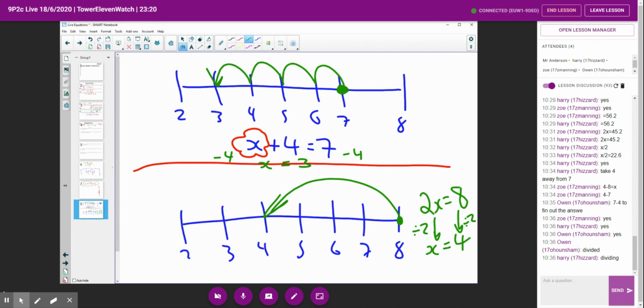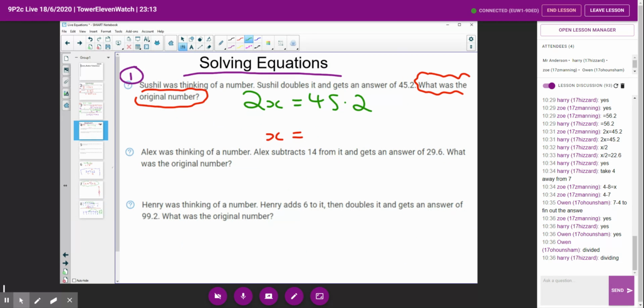So guys, you have been taught that method, okay, the inverse method, doing the opposite. So well done, we just need to apply it. So let's go back to this question just here. 2x is 45.2. So in order to work out what x is, now guys, if you've got a pen and paper there, write down what you can see here in the middle of the board with these colors, with these arrows.